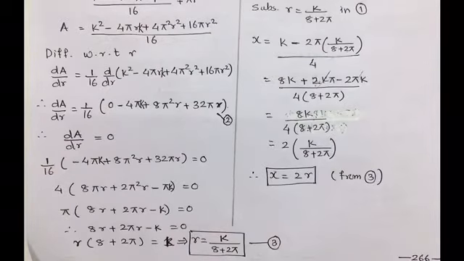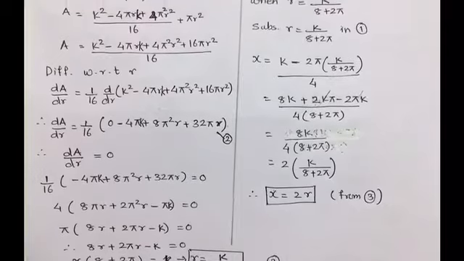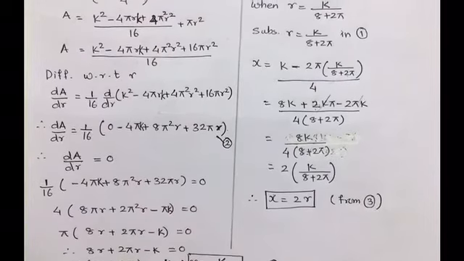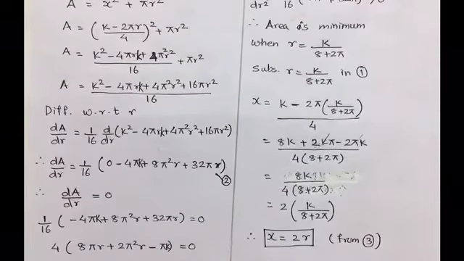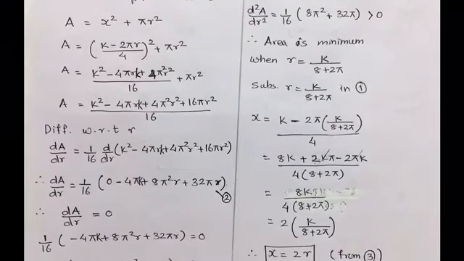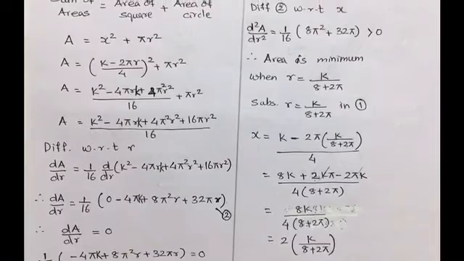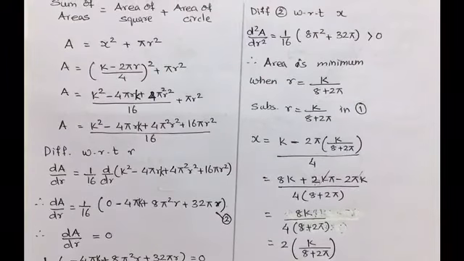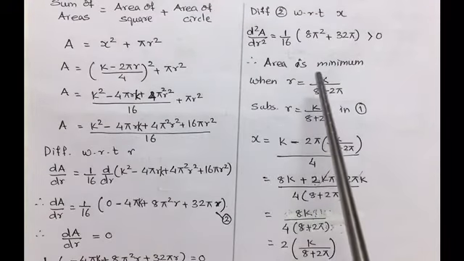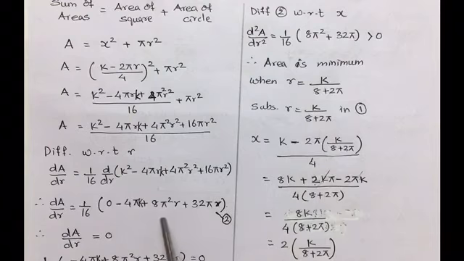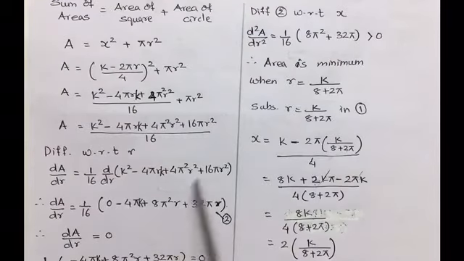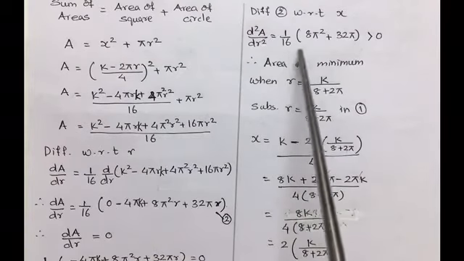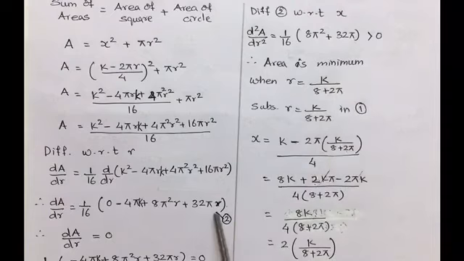Now to show that the area is minimum, we will again differentiate 2 with respect to r. So differentiating it, we get the derivative of r is 1 and the first two terms are 0. Derivative of r becomes 1, so it is 1 by 16, 8 pi square.